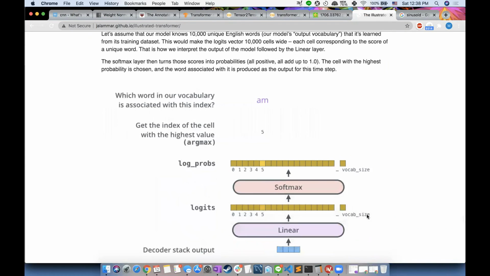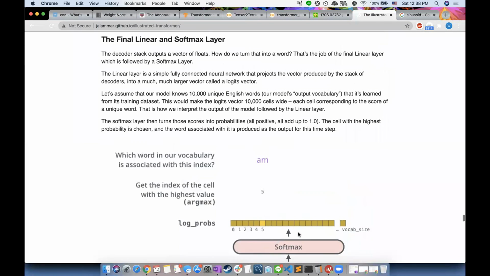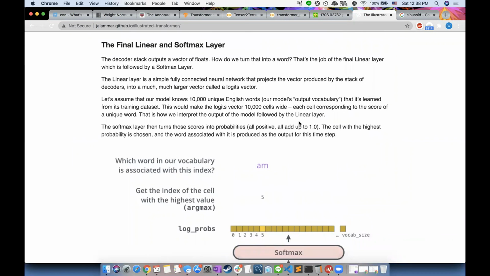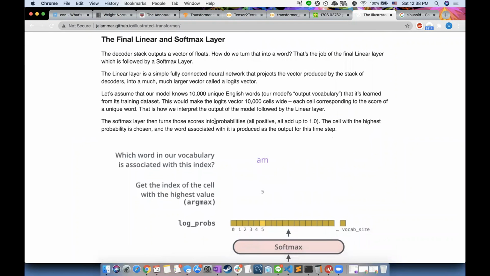So that's the logits vector passing through a linear layer, which is just a linear transformation, Wx plus b. Let's assume that our model knows 10,000 unique English words that it learns from its training dataset. This would make the logits vector 10,000 cells wide. Each cell corresponds to the score of a unique word. This is how we interpret the output of the model.